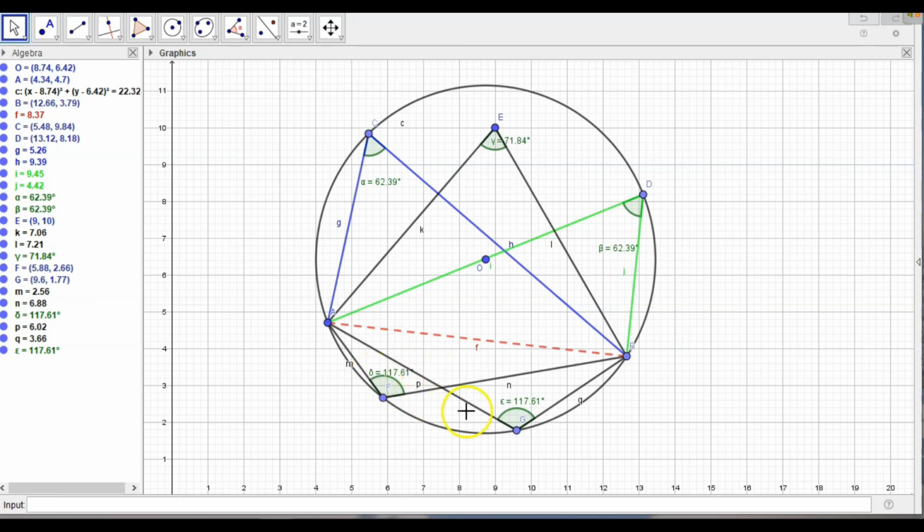So that is delta and that is epsilon. Delta and epsilon are recording the same values, all because they are angles subtending within the same segment on the same chord. You can choose to shift the point F very close to G. The value of delta and the value of epsilon will never change.